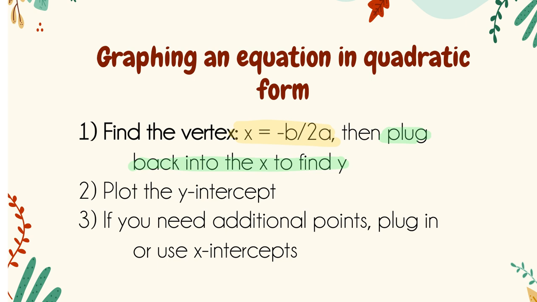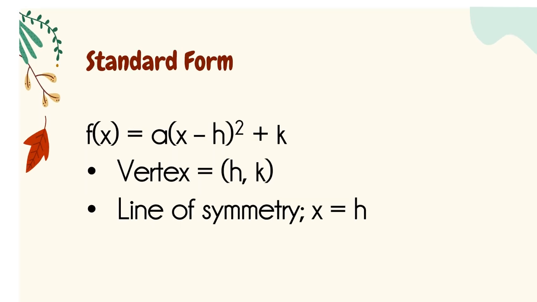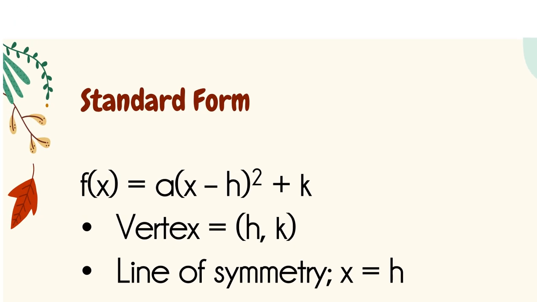So if you can't necessarily plot, let's say, your y-intercept, if you need additional information, plug it in and use your x-intercept. It just depends on what the question's asking. All right, like I said before, standard form. This one also says standard form, but we're going to use this as vertex form, so just write that on there.